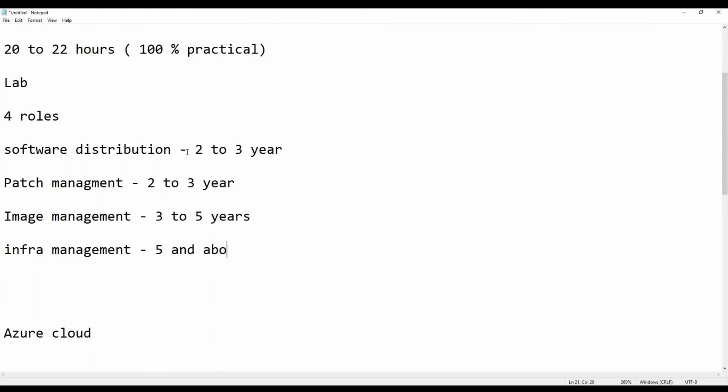Now, what are the salary packages? Based on your experience, with 3 years experience it will start from 8 lakhs to 13 lakhs. It's a realistic amount I'm telling you guys, not imaginary. This is the current market.